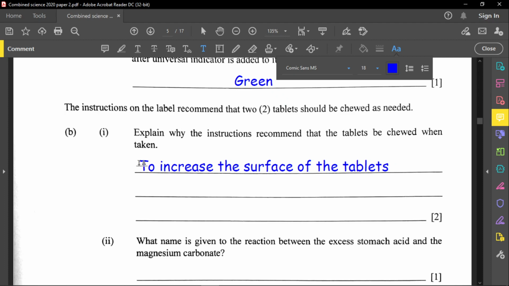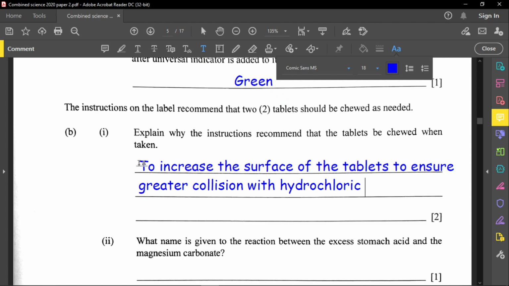And why you're doing this is to ensure greater collision with the hydrochloric acid, causing effective neutralization, because the tablets will neutralize the acid.